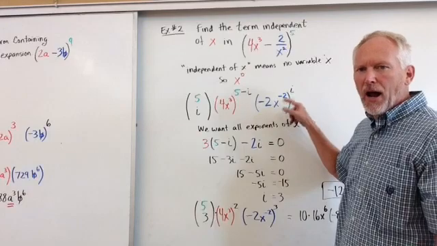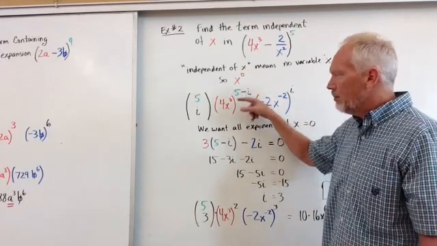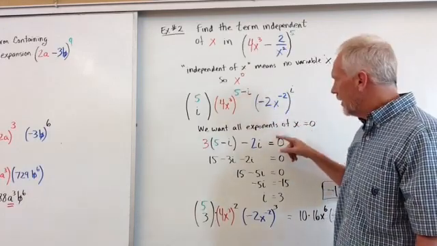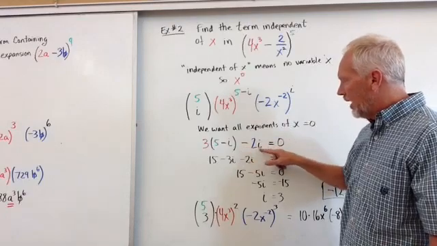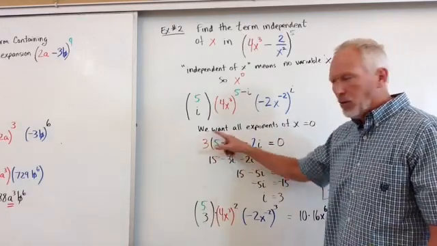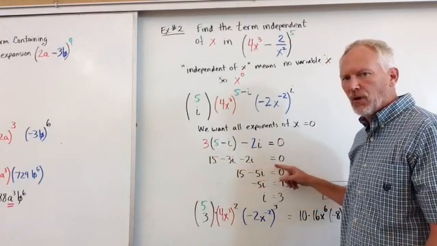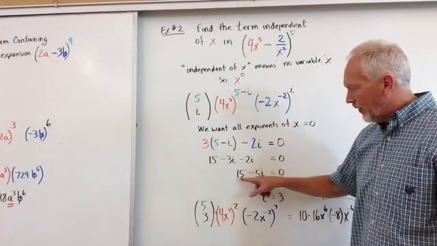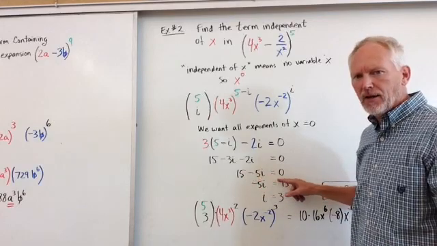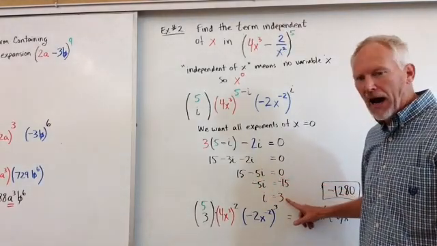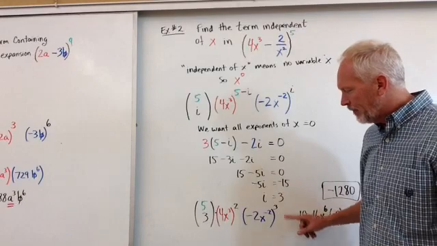And we use the power rule, and that's what allows us to multiply these exponents together. So we use that power rule, minus 2i equals 0. We distribute the 3, we get 15 minus 3i minus 2i equals 0. 15 minus 5i is equal to 0. And we end up getting i is equal to 3.